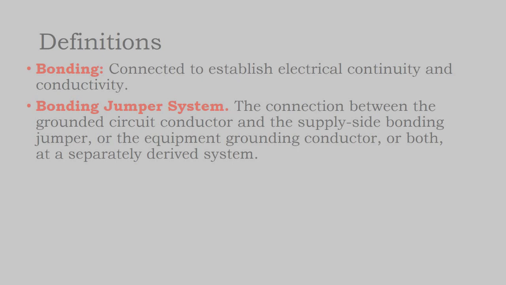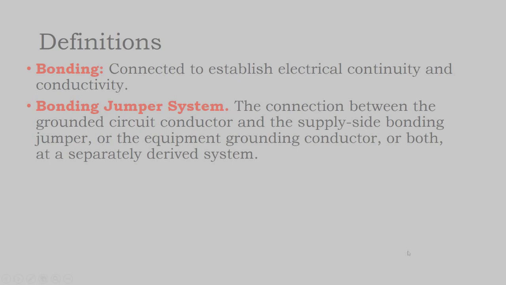It's like the neutral is grounded at one point, but the metal shells are not bonded to the neutral. The metal shells are bonded to the equipment ground conductor. Then you have a bonding jumper system, which is the connection between the grounded circuit conductor, a circuit that is intentionally connected to ground, and the supply side bonding jumper or the equipment ground conductor or both at a separately derived system.